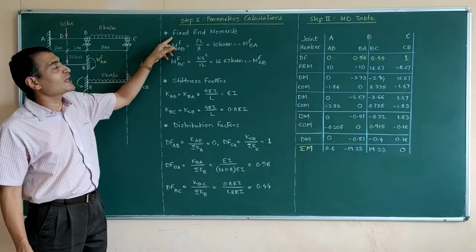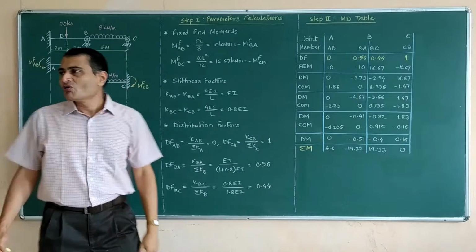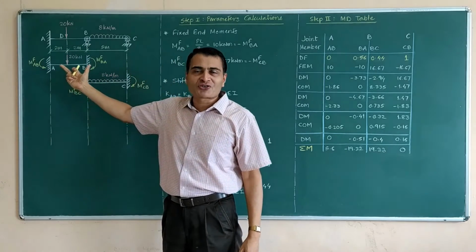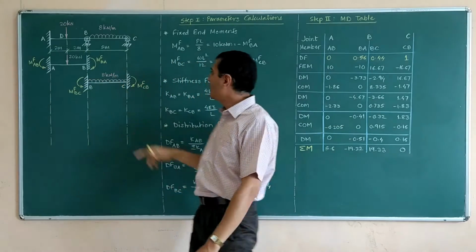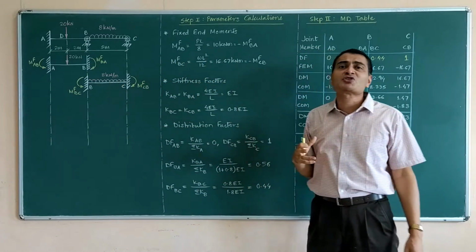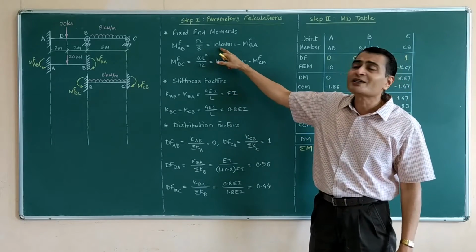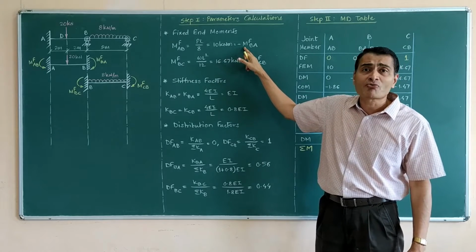The first step, I am calculating using standard formulae the fixed end moments for span AB. I have shown the restrained joints here. This is M of AB, this is M of BA, and we know the standard expression is PL upon 8. So on substitution, I am getting 10 kilonewton meter, and which is same as negative of M of BA.